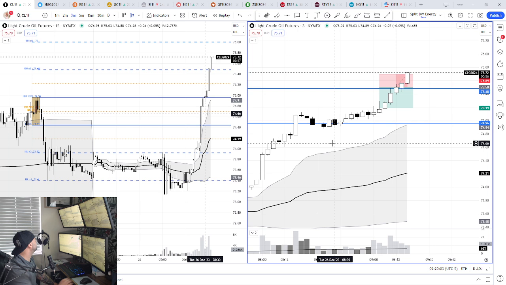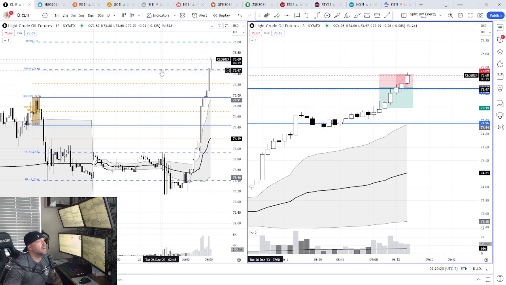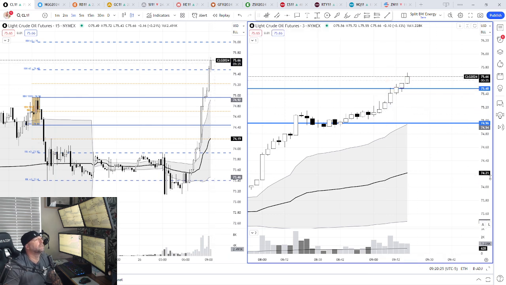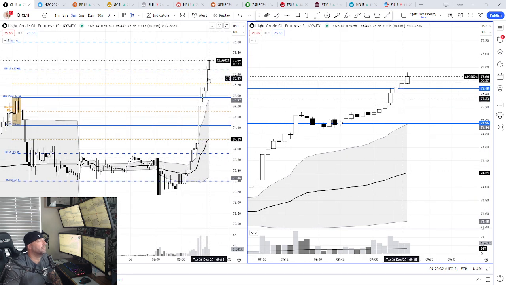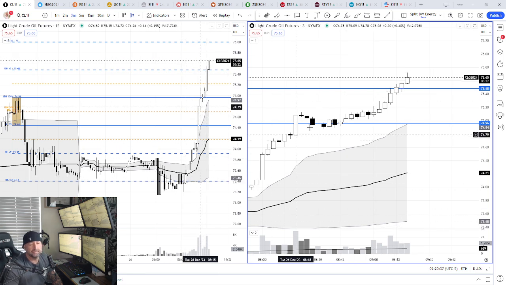All right, stopped out. Just watching oil. We hit this pivot point, which was 2x on Friday's session. I took a loser on that trade. Oil's having quite the run this morning. Not a single red candle on the 15-minute. Look at that. Straight up since 6:30 this morning.